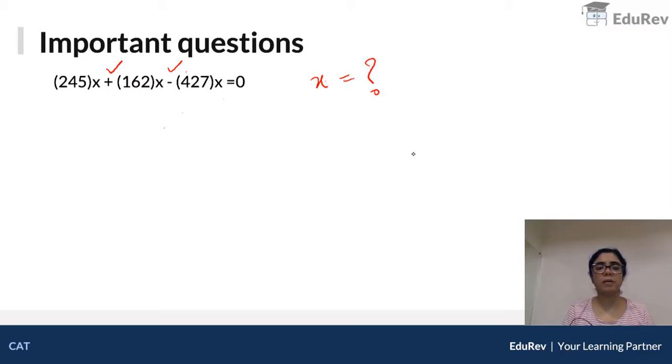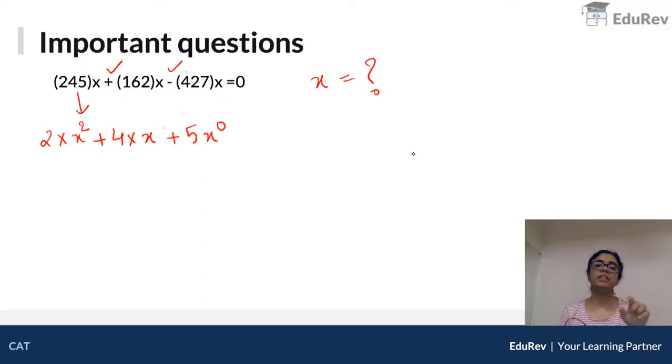The first number is 245 to the base x. So can I break this as 2 into x square plus 4 into x plus 5 into x raised to 0? Because अगर इधर base 10 होता तो हम लोग कैसे लिखते हैं? 2 into 100 plus 4 into 10 plus 5 into 1. Similarly 2 into x square, 4 into x, 5 into x raised to 0.